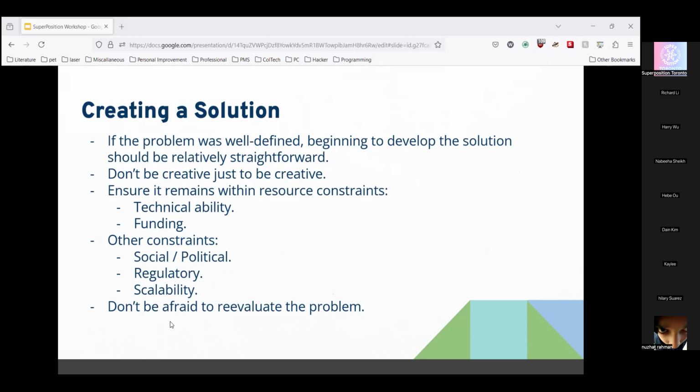But when you're working on this, the main thing to keep in mind is that it remains within the constraints of the project. So what do I mean by constraints? These are things that are limiting your solution space. These are things that you cannot do. The first would be your technical ability. Are you actually able to produce the solution you envision?